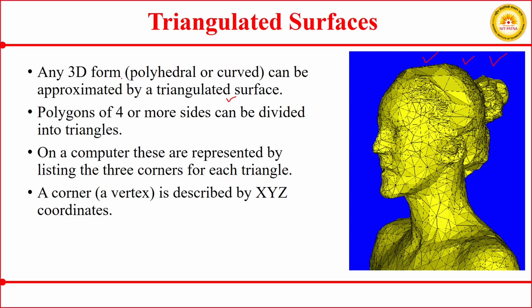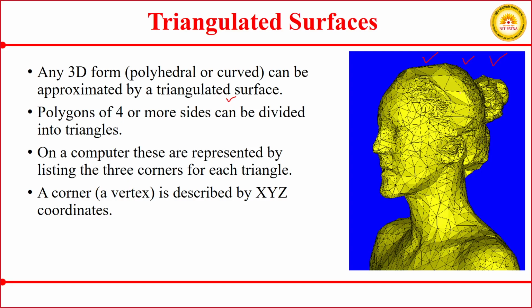So here we can see we can represent any 3D object by a combination of triangulated surfaces. Each triangle represents a small surface corresponding to that particular triangle.